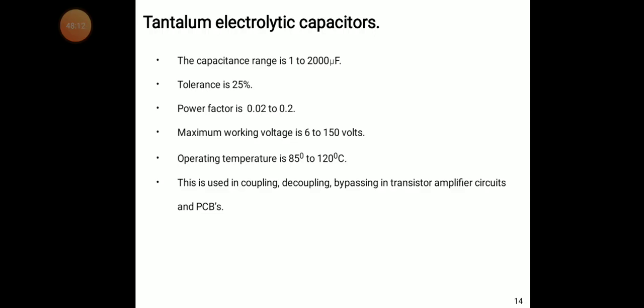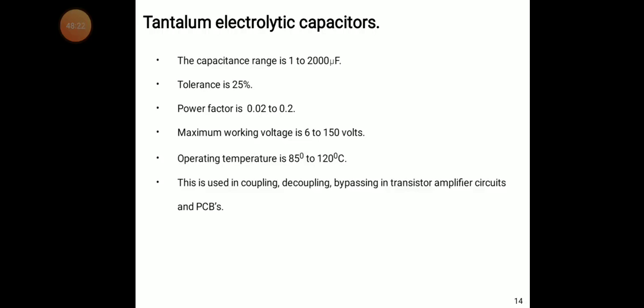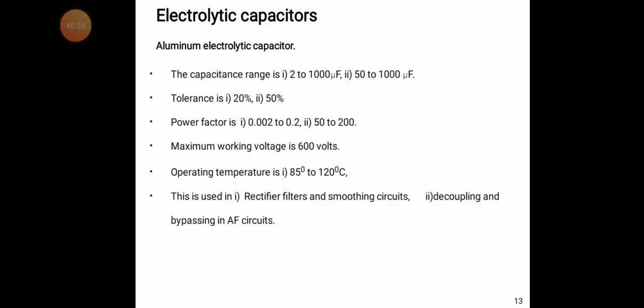We use tantalum type electrolytic capacitors, and their main advantage is that they are used in PCBs. So electrolytic capacitors have two types, aluminum electrolytic and tantalum electrolytic capacitors. These are the generally used capacitors.